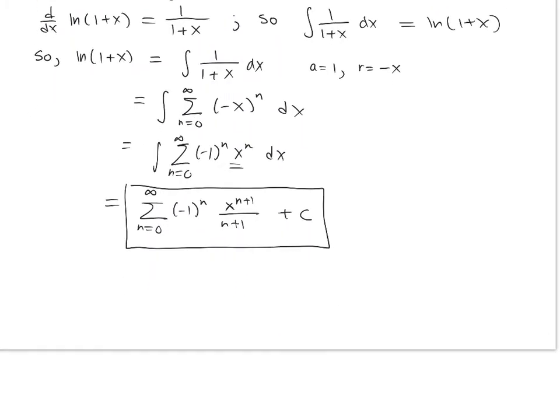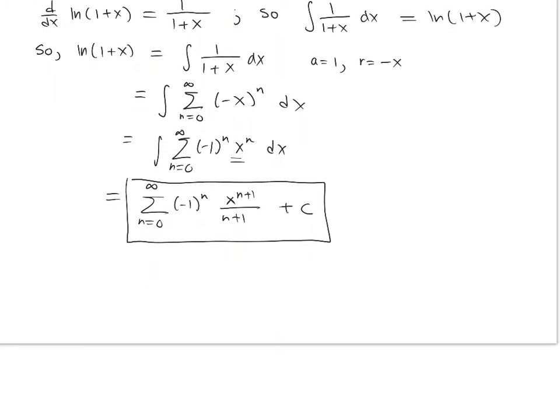Okay, your book, just to be a royal pain in the behind, re-indexes it to this. Well, because it's just nice that it's x to the n over n. Does that make sense? Do you buy that they're the same thing? So the sign of the first term in this thing is, when we plug in 0, we get positive 1, x to the first over 1, right?